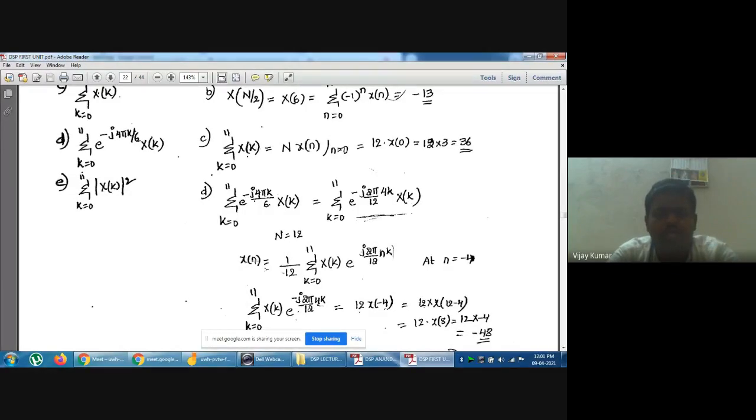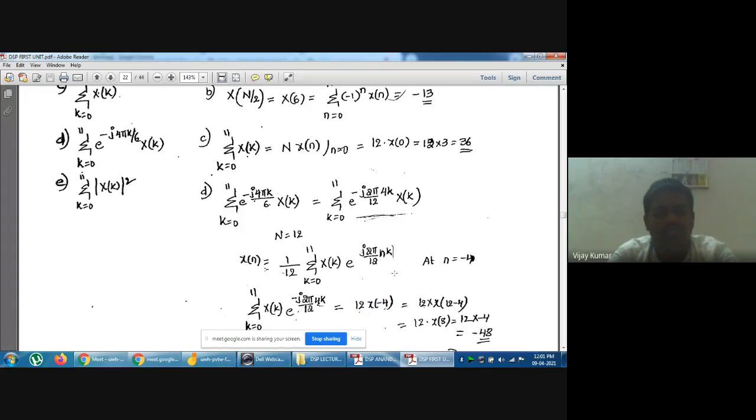What is the IDFT formula? x of n is equal to 1 by 12 summation k equal to 0 to 11 x of k e power j 2 pi by 12 nk. When you substitute n equal to minus 4, this value will be equal to 12 into x of minus 4.